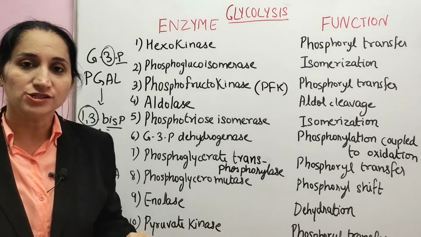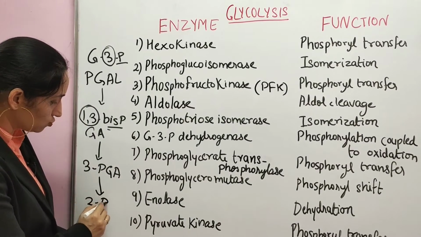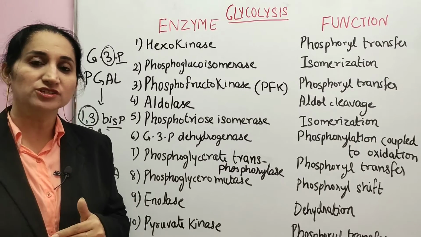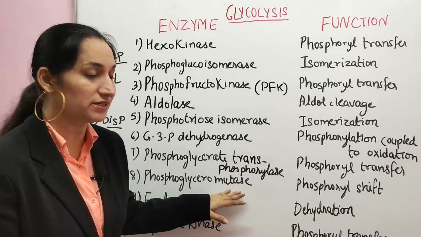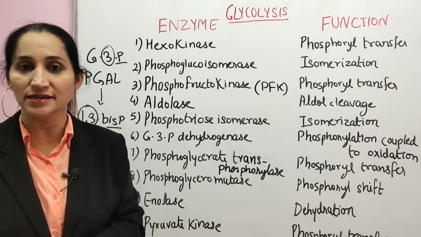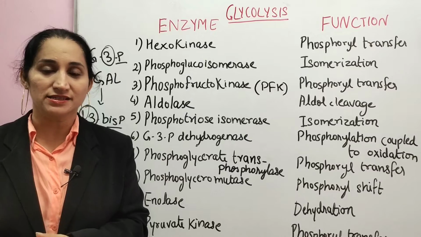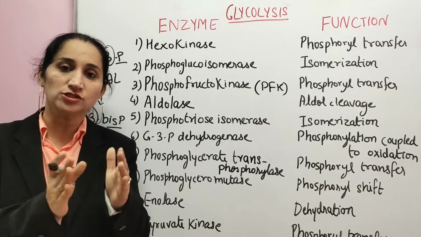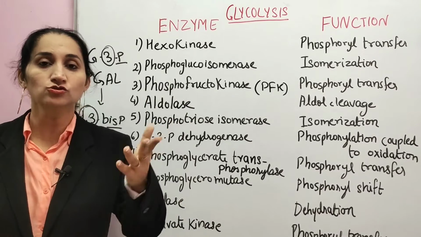In the next reaction, where 3-phosphoglyceric acid was converted into 2-phosphoglyceric acid or 2-phosphoglycerate, the enzyme which catalyzes this reaction was phosphoglyceromutase. Now, what is the function of mutase enzyme? Mutase is an enzyme of the isomerase class which catalyzes the movement of a phosphate group from one position to another, not from one molecule to another.